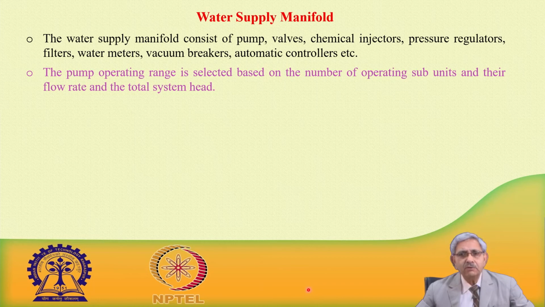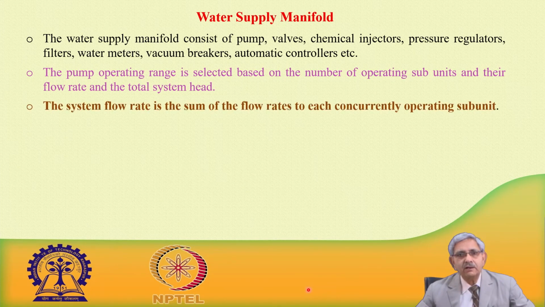It is not always possible to supply water to all the subunits. So, we can reduce the size of the pump, seeing how many hours electricity is available or how many hours the pump can be operated. So, the size of the pump can be selected accordingly.